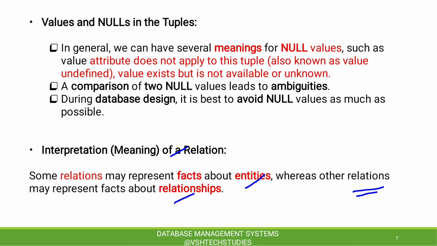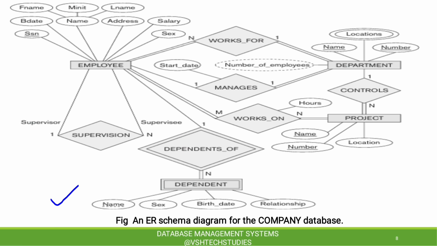If you consider this entity relationship diagram of the company database, we have the employee entity and the project entity. Works on is the relationship between the two. So the employee entity becomes a relation in the relational data model, and the project entity also becomes a relation. Similarly, this works on relationship also becomes a relation in the relational data model.